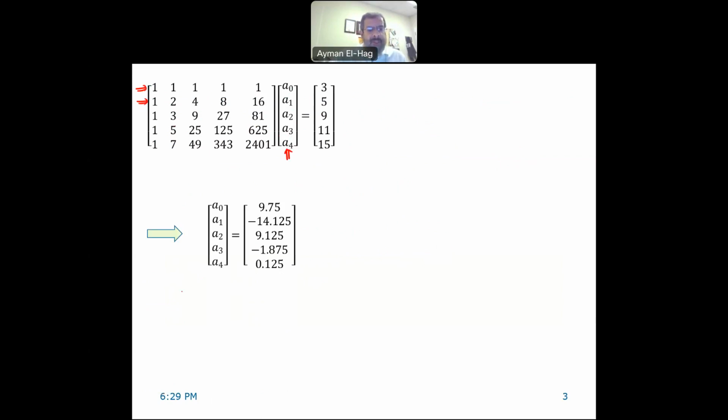So your function, your y, is equal to 9.75 minus 14.125x plus 9.125x squared minus 1.875x cubed plus 0.125x to the power 4.